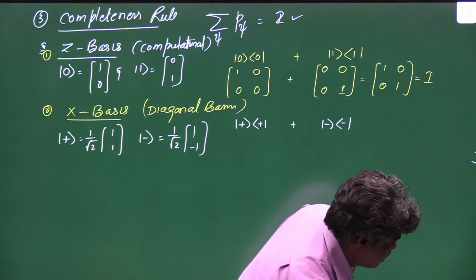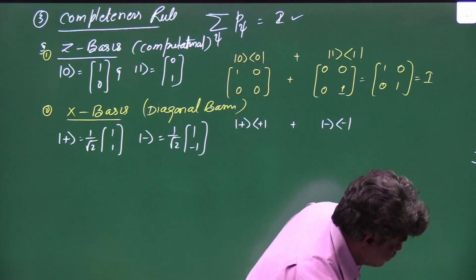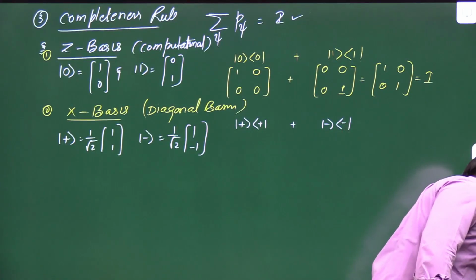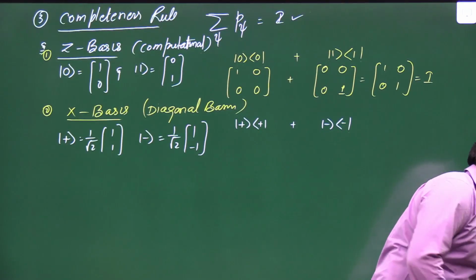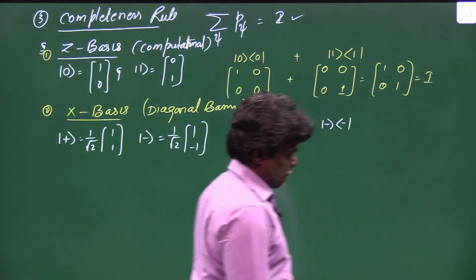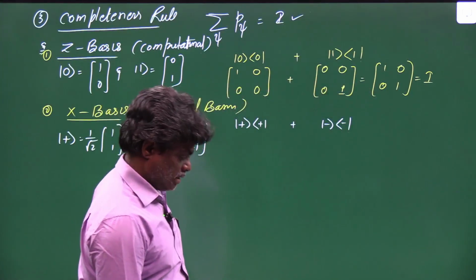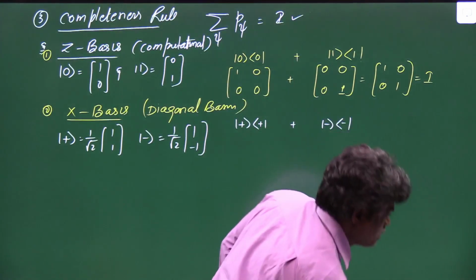Right, right. One minute, sir. Right. You got the identity matrix, right, sir? Yes, sir. Right.